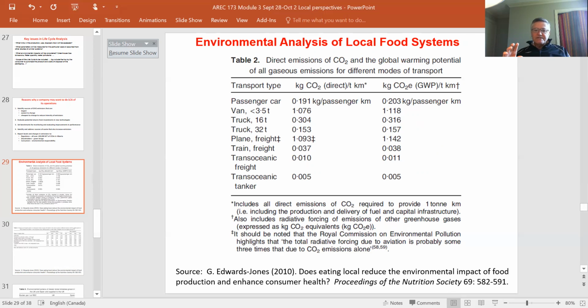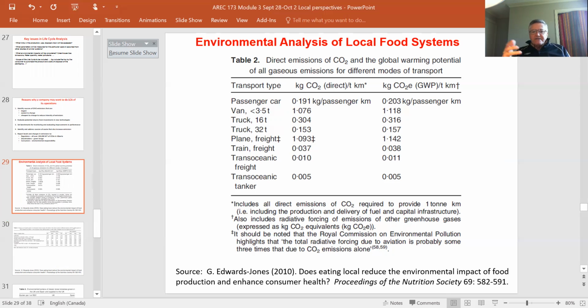varies, right? Things which are sent by ship have very, very low greenhouse gas emissions associated with each kilometer on a ship. So you can see transoceanic freight has 0.01 kg of CO2 equivalent per ton per kilometer, where a van or a plane is going to be about 1.07 or 1.09 kg of CO2 equivalent.